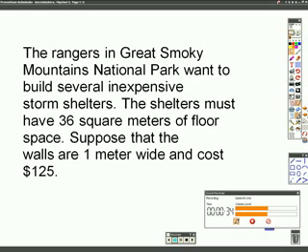Now what I'd like you to do is to take your highlighter and highlight the important information. One of the things that we want to focus in on is the fixed area of 36 square meters. We also want to highlight the word space.